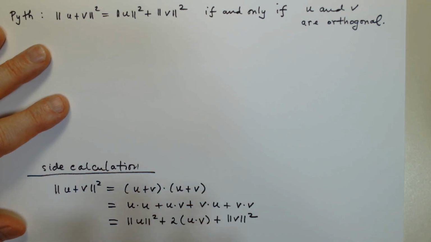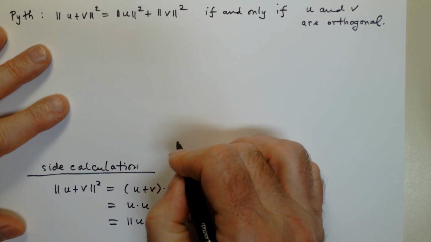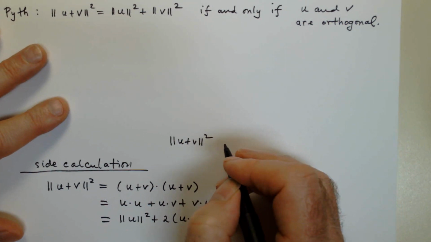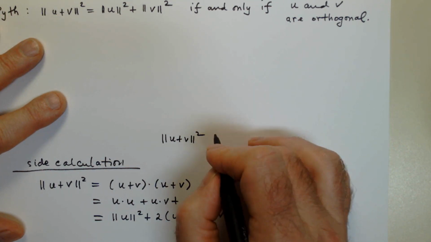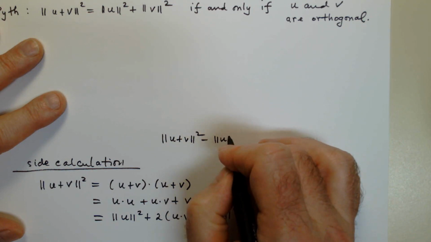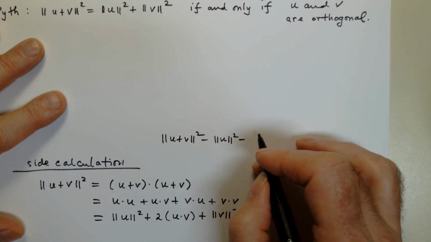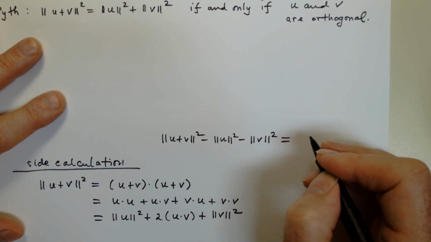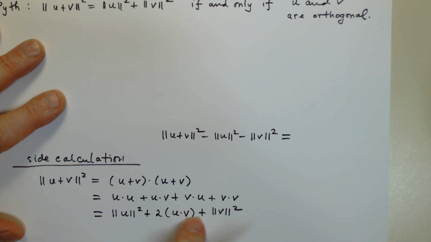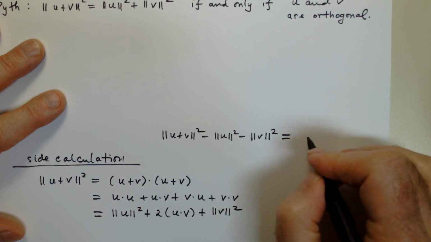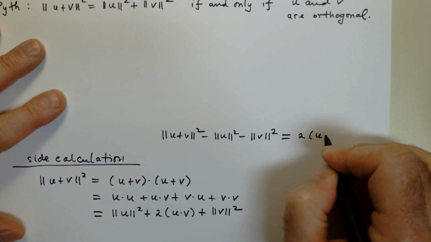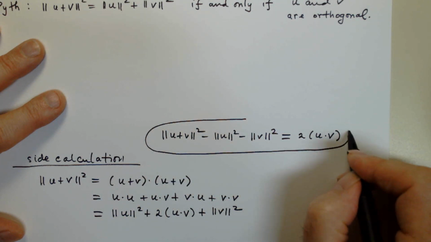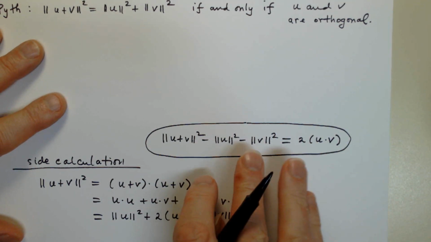I want to make note of the fact that the length of u plus v squared minus the length of u squared minus the length of v squared is equal to 2 times the dot product of u and v.